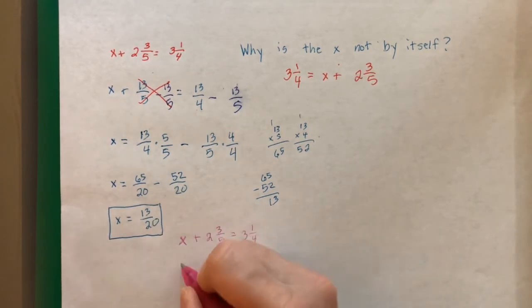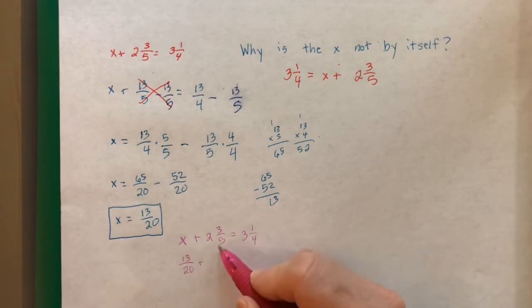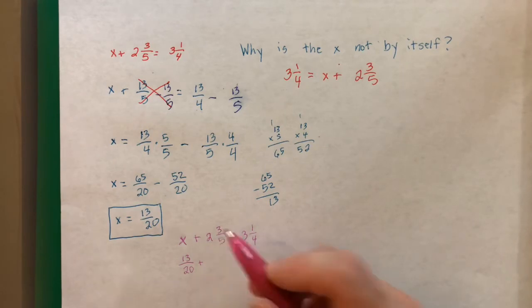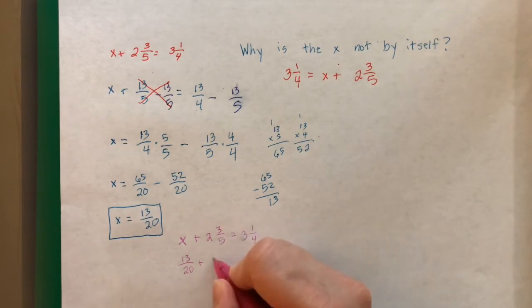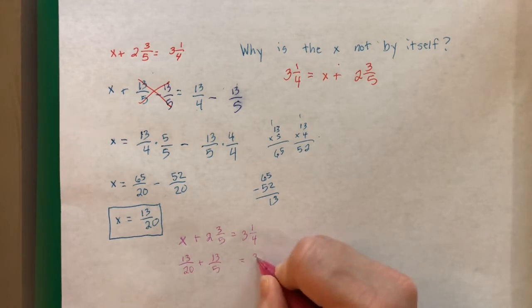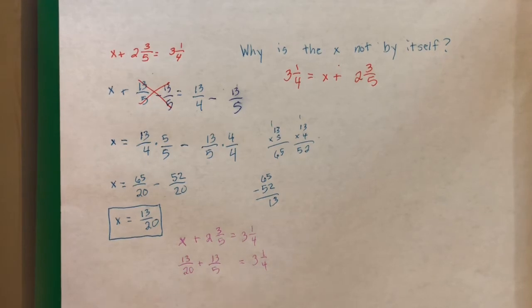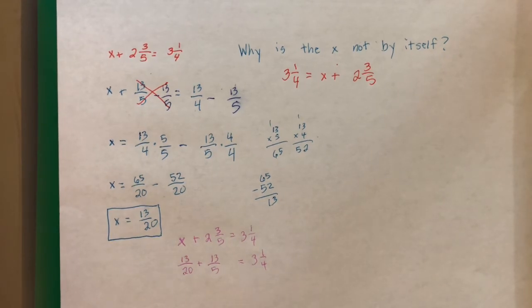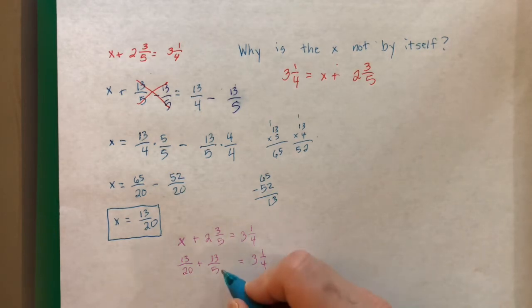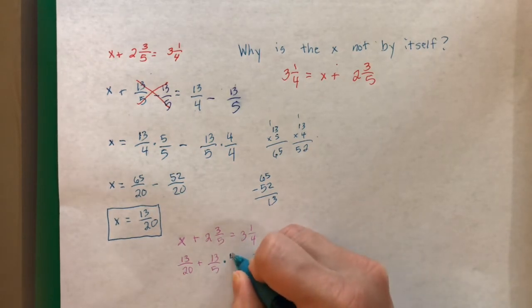Now I substitute in 13/20 plus, let me write this as an improper fraction, 13/5 equals 3 1/4. Okay, folks, a lot of people just say, okay, 3 1/4 equals 3 1/4, but you haven't worked it out. You don't know if that's right or not, so you actually have to do that. So you need a common denominator. I left enough space so I can do it right here.